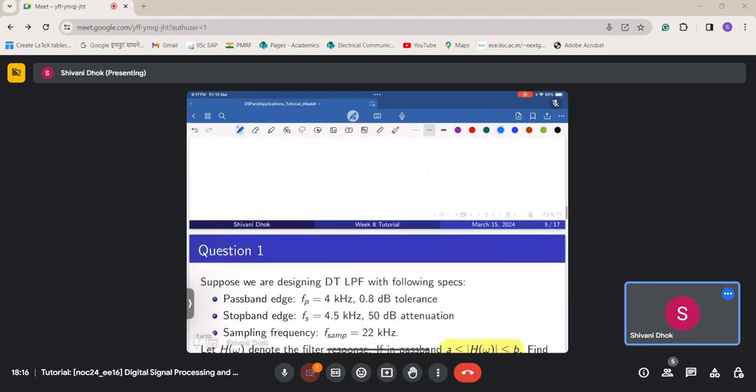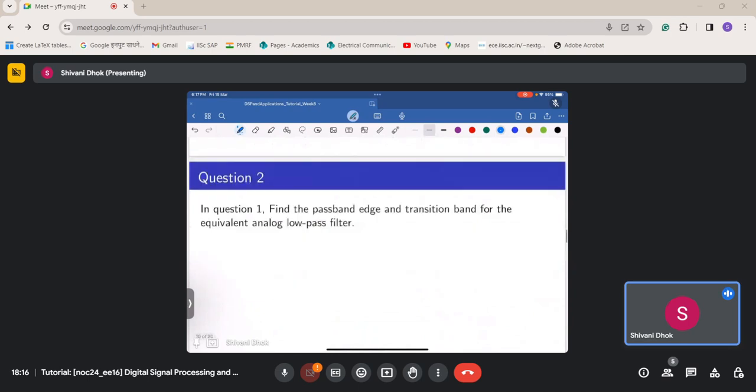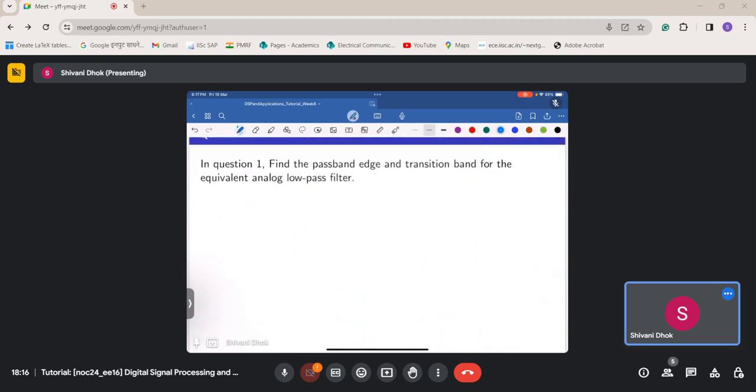Okay. If there are no queries, then let me move on to the next question. The second question says that in question 1, find the passband edge and transition band for the equivalent analog low pass filter. So this has to be done in 2 steps.